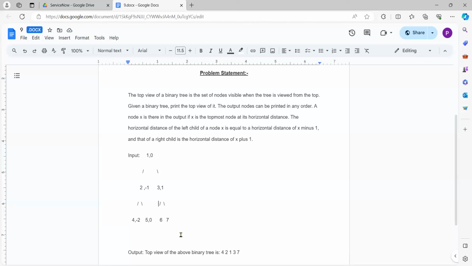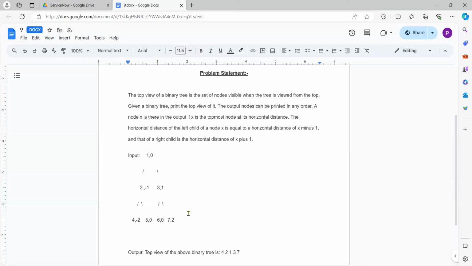For a left child you have to go 1 unit left. So from 1, if you go 1 unit left, you are at 0. From 1, if you go 1 unit right, you are at 2. So these are the corresponding horizontal distances, and this is how you have to find them. If the current node is at distance x, the left child will be at x minus 1, and the right child will be at x plus 1.